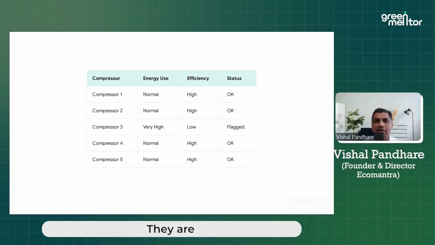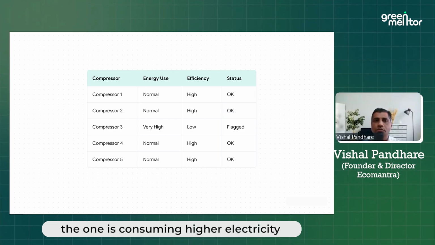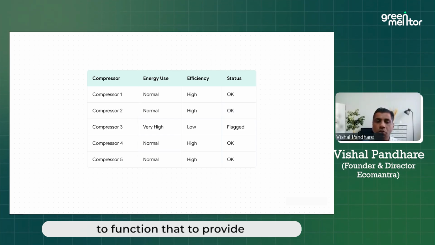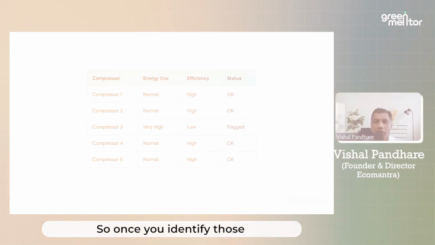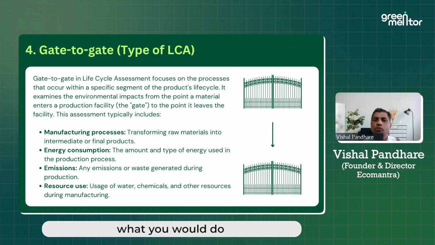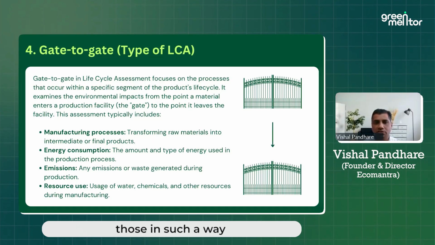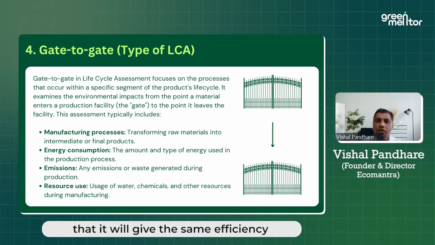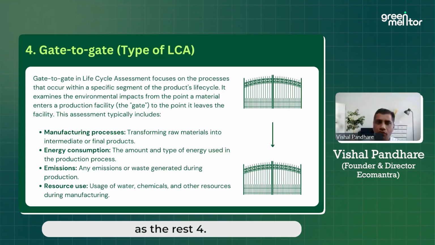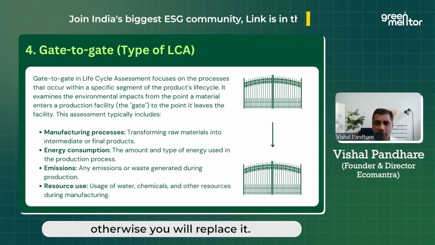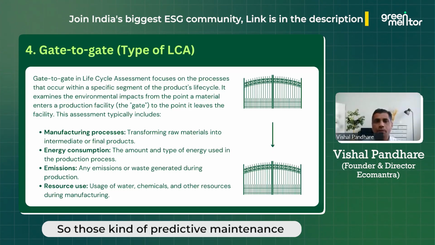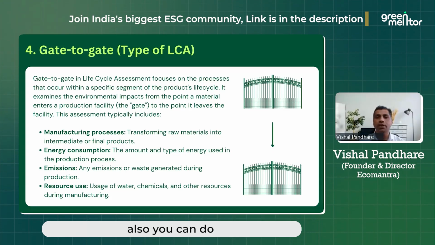What does it mean? The one is consuming higher electricity to provide that amount of CFH. Okay, so once you identify those, what would you do? Either you will repair or service those in such a way that they give the same efficiency as the rest of the 4. Otherwise you will replace it, right? So those kinds of predictive maintenance you can also do.